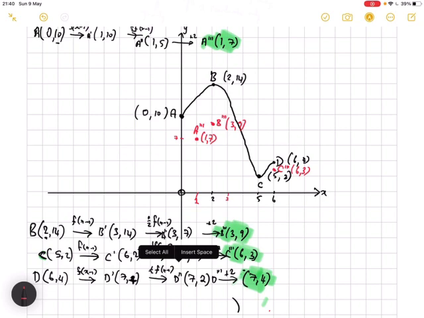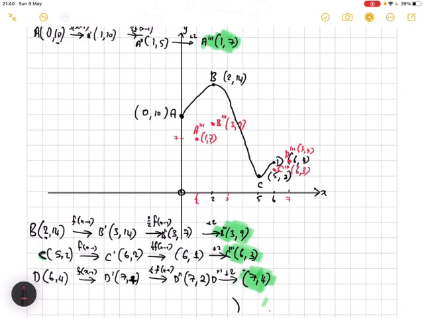Let's double check. (6, 4), (7, 4), half of that would become (7, 2), add the 2, (7, 4). So here's 6, here's 7, 2, 4, (7, 4) would be here, d''', (7, 4).